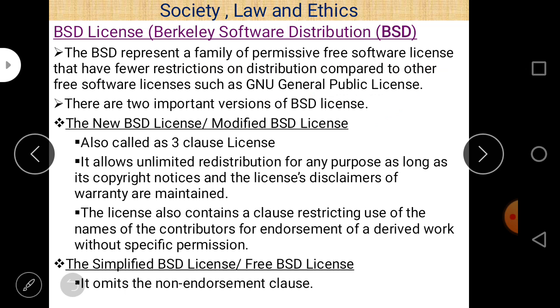Modified, also called the 3-clause license, allows unlimited distribution for any purpose as long as its copyright notices and warranty are maintained, and it also contains a clause restricting use of the names of the contributors for endorsement of a derived work. And the second is the simplified BSD license, also called FreeBSD license, which omits the non-endorsement clauses. So that is the difference regarding the endorsement clause.